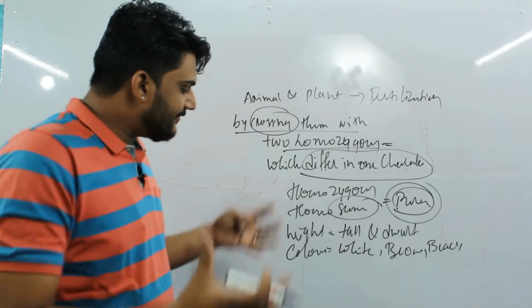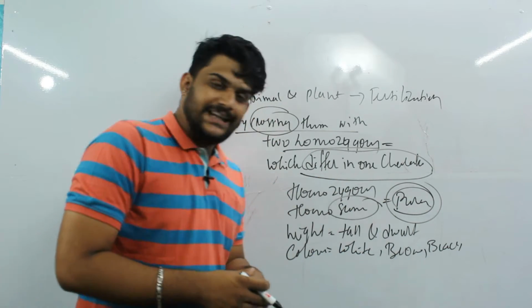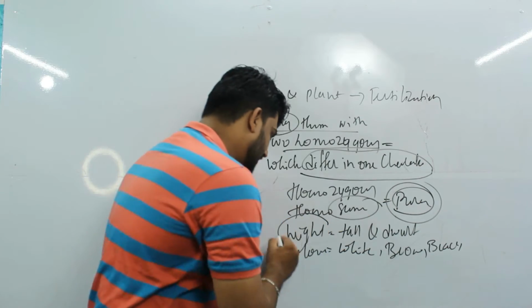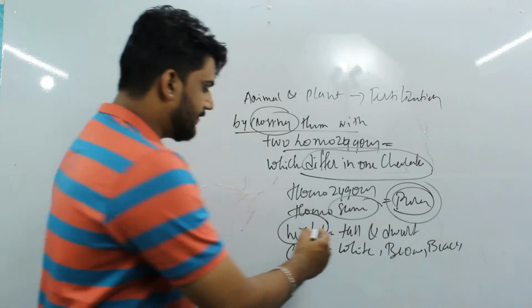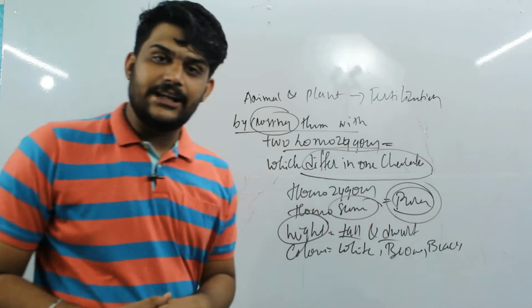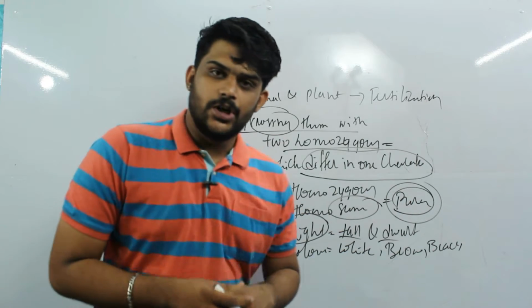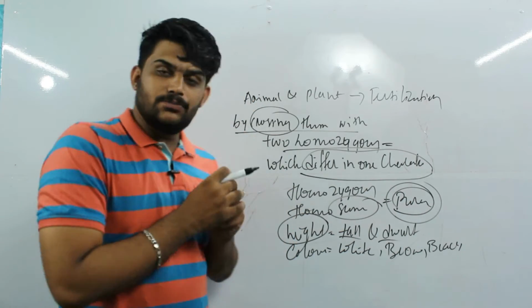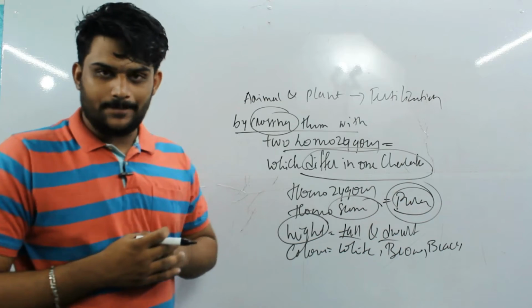Those are different kinds of characters. If we take a single character, we have different variants in it. That is what the monohybrid cross stands for.